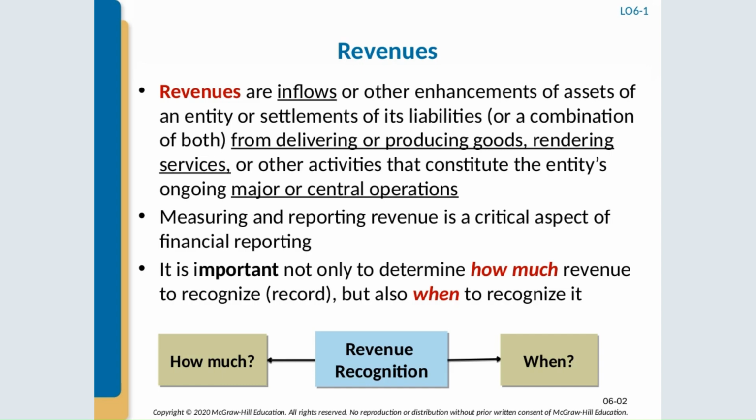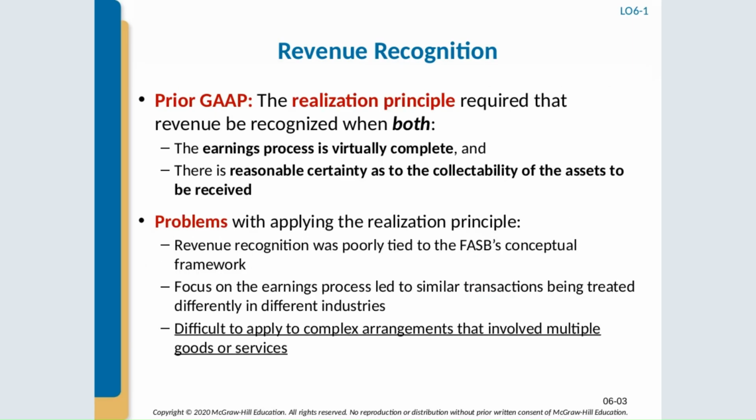Not from peripheral activities. And there's two important aspects of revenue recognition that we need to pay attention to. How much, so measuring the amount that we're going to recognize, and when, so the timing of the recognition.